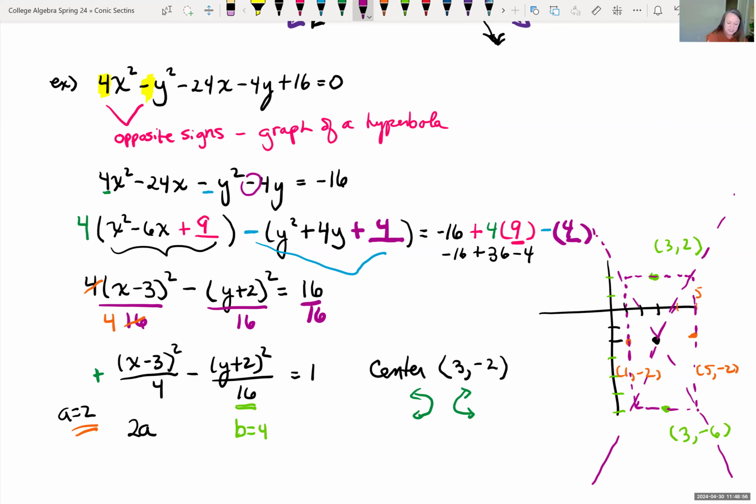Again, I know which way it's going, so looking at the vertices of my transverse axis, it's going to be looking like this.